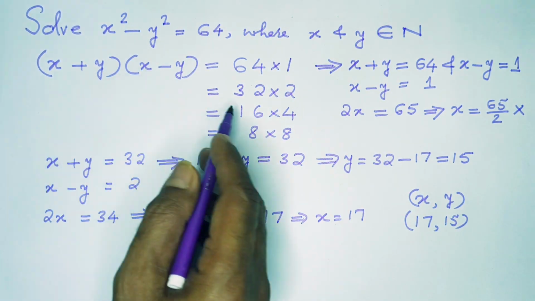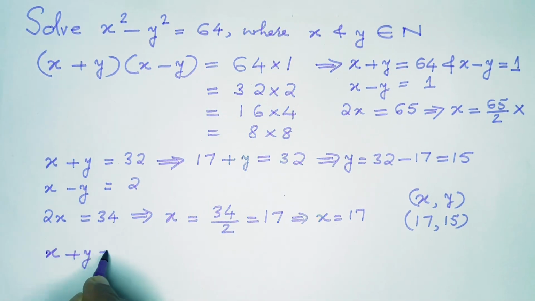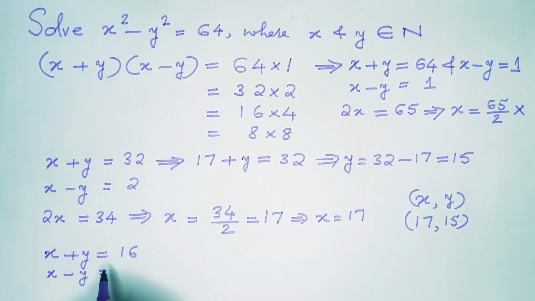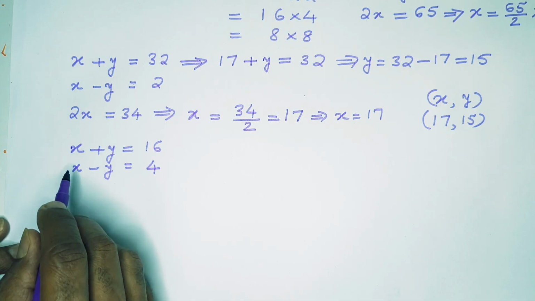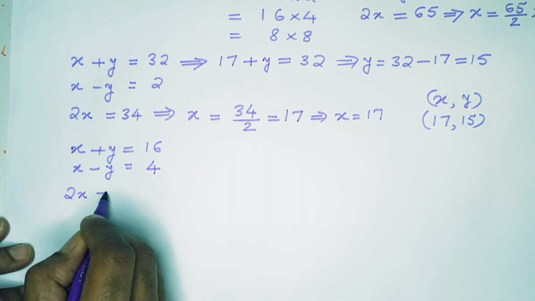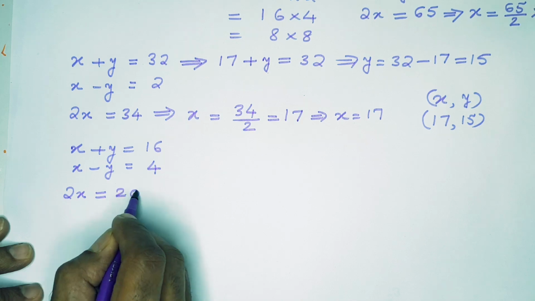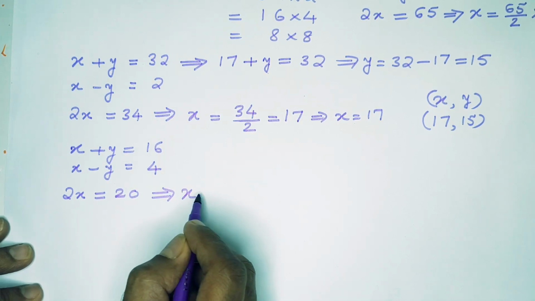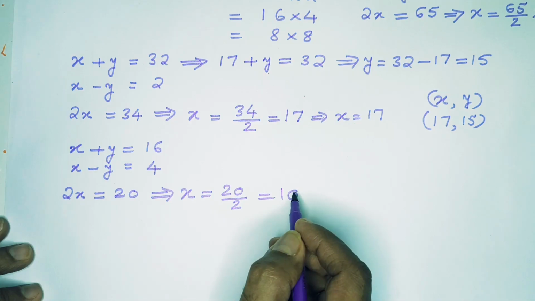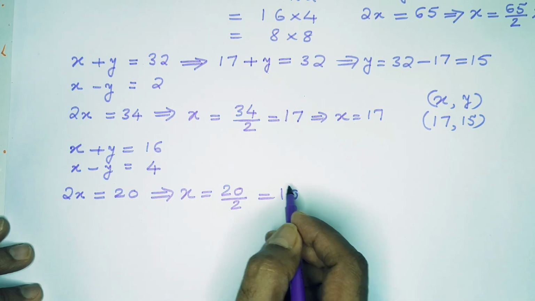Now let me equate this to the third one, which is x plus y equal to 16, and then x minus y equal to 4. Now let me add these two like we did before. You have 2x, y cancel, and the right side is 20, which implies x is equal to 20 by 2, and that's 10. Then let's plug in x equal to 10 here.